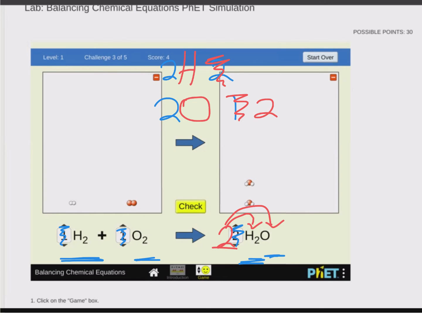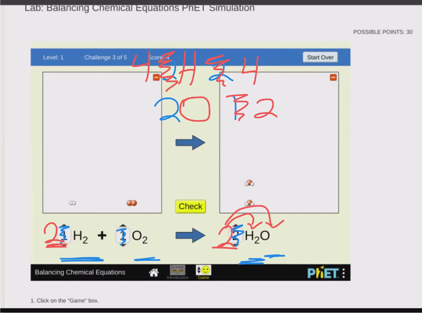Yep. Very good. And so 2 times 2 gives me 4 hydrogen. So that means I'm going to have to change this one. Okay. And so now 2 times what is going to give me a 4 on this side? So you put a 2. That's going to be your coefficient. And that now gives you 4 hydrogen.